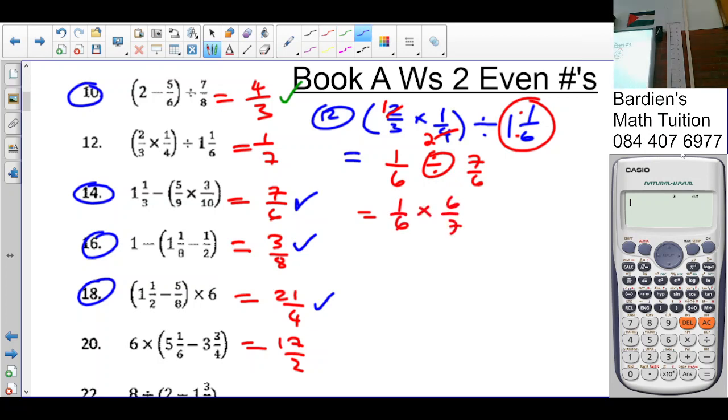So what happens here? 6 going into 6 once, 6 going into 6 once. Now many would say that answer is 7. So 1 times 1 is 1. 1 times 7 is 7. Are you all okay with that? Right?